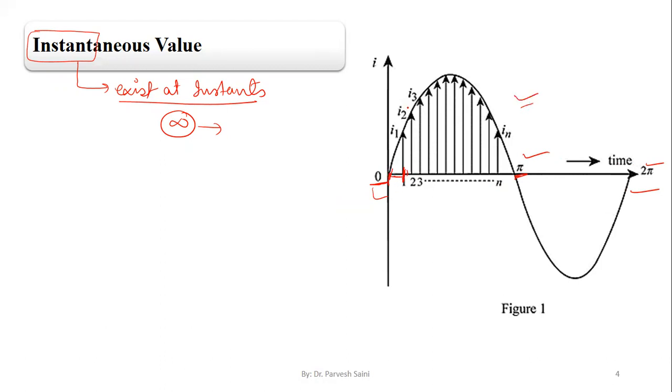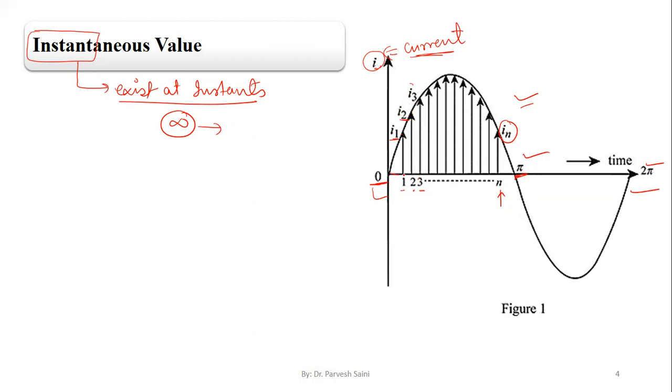As shown in this diagram, for example, from 0 to pi, we have many instantaneous values. As you can see, this I1 here is an instantaneous value at some instant 1. Similarly, I2 is an instantaneous value of this alternating quantity, and this is the current basically. So I2 is the instantaneous value at instant 2. Similarly, I3 is the instantaneous value at instant 3. Similarly, In is the instantaneous value at some instant n.